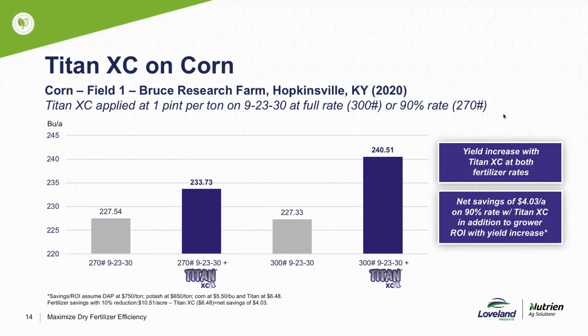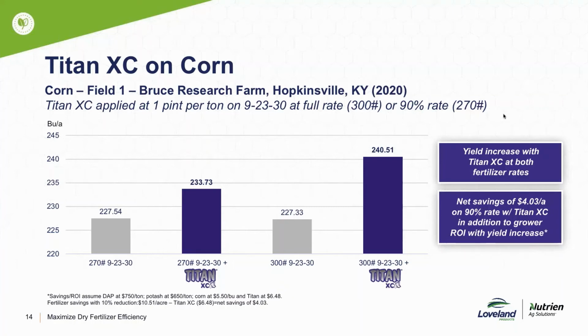Okay, now let's look at the yields. The 270 pounds untreated versus the 300 pounds untreated, there's no difference in yield. That's pretty interesting. We increased the amount of fertilizer to 300 pounds versus 270, but our yields didn't respond to more fertilizer.